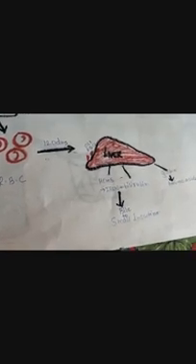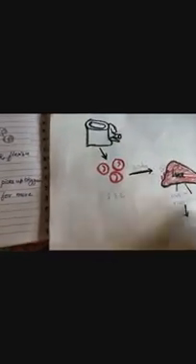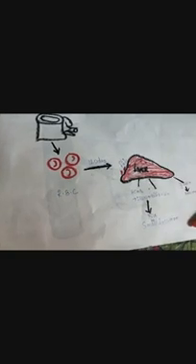The iron part is retained in the liver, and the rest, the heme part, is converted into bilirubin and biliverdin, which is sent as bile pigments into the small intestine, while the globin or the protein part is again converted into amino acids and is reused. So this happens to the red blood cells.